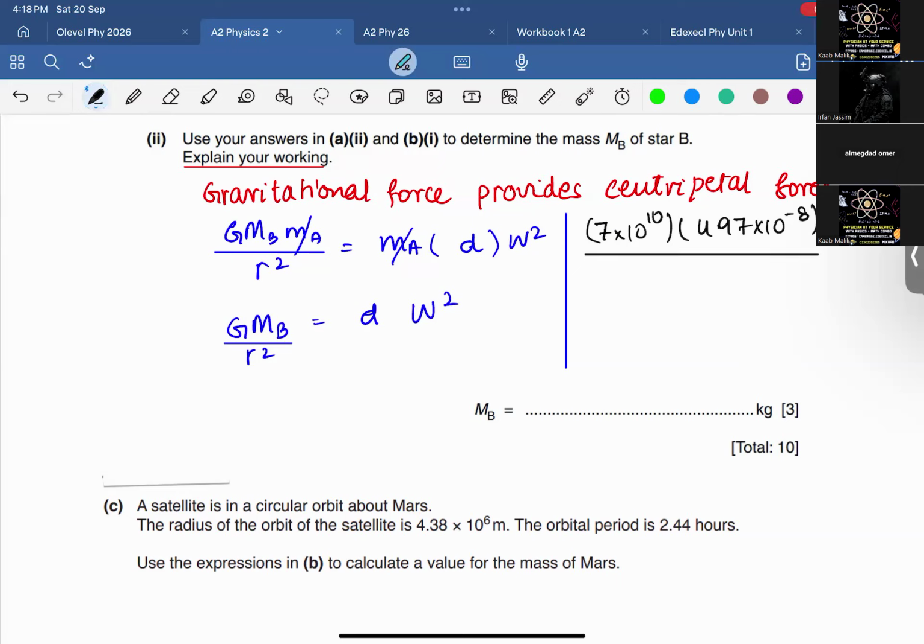Then you have to multiply the r with its value. R is the center to center separation, which is 2.8 exponent 11.